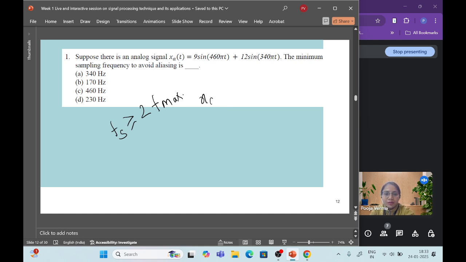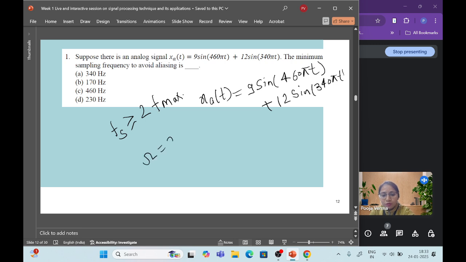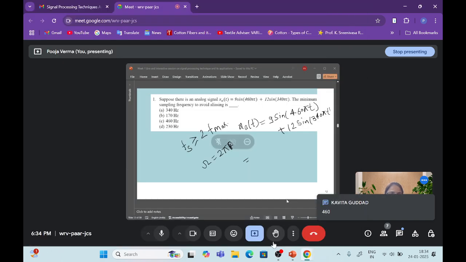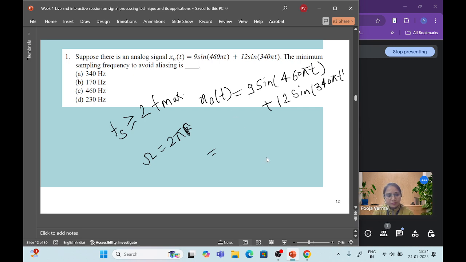This is the analog signal, 9 sine 460 pi t plus 12 sine 340 pi t, and already we know that omega is equal to 2 pi f, right? So here we can calculate the f.